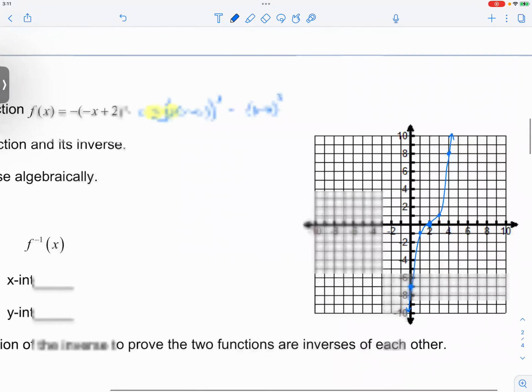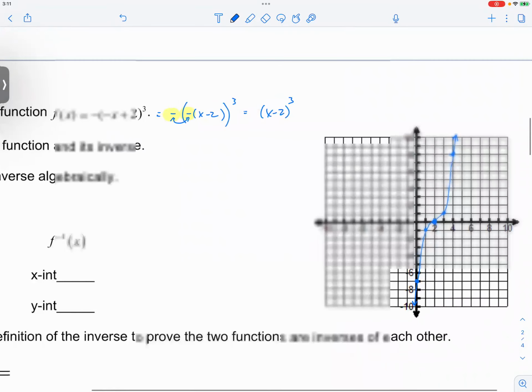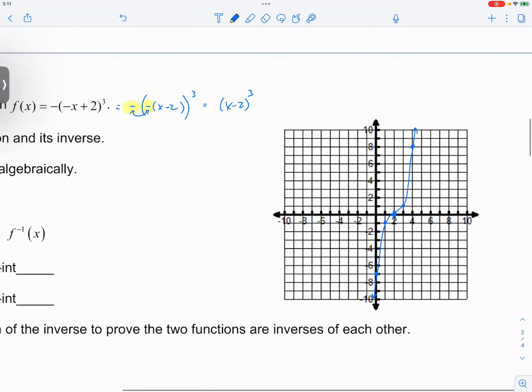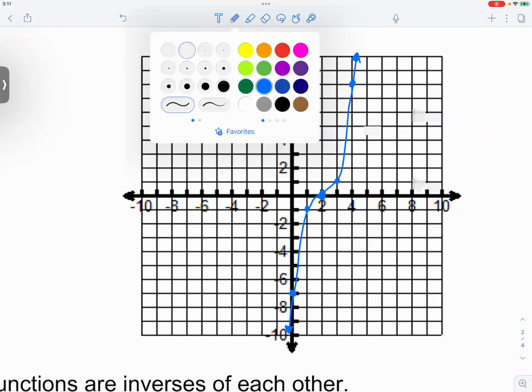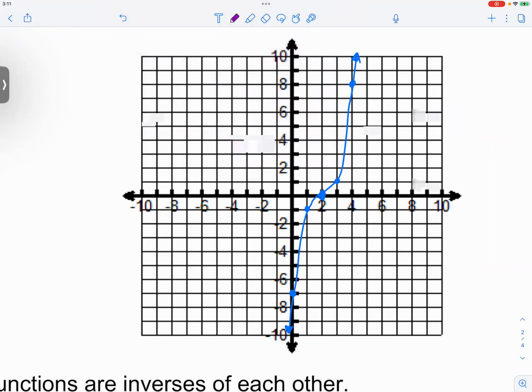All right, now this question also asks that you have to draw the inverse. Now, this is another thing that challenged some students on the quiz. Some students were able to manage to flip the x, y values. Like, looking at this point, maybe you have 8 comma 4 right now.